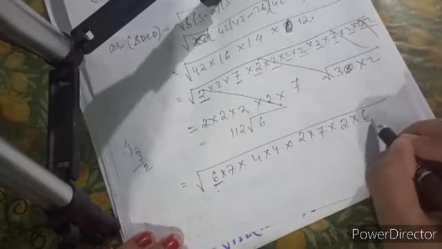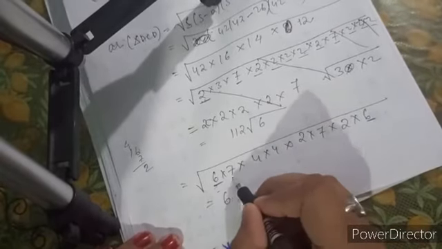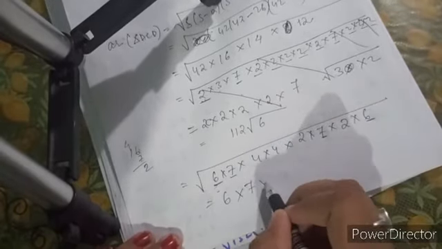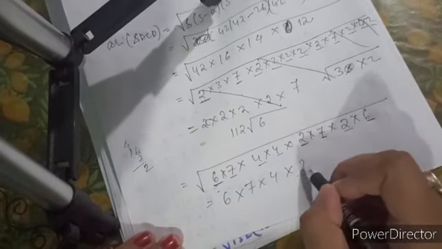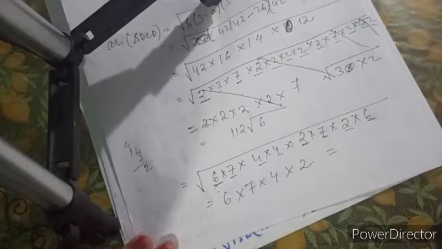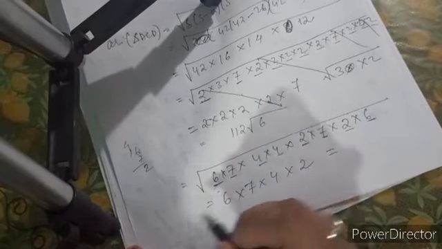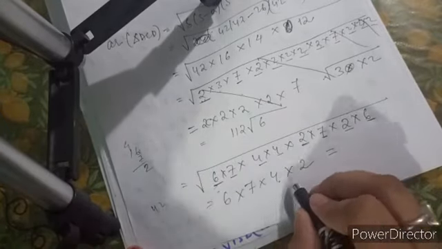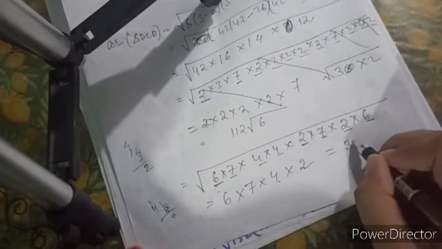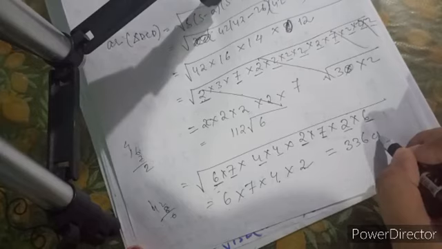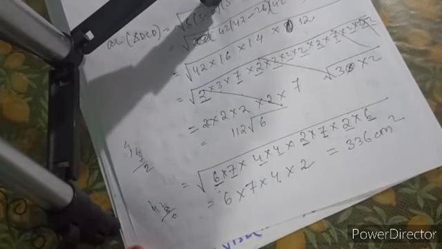So 2 6s will give us 1 six, 2 7s will give us 1 seven, 2 4s will give us 1 four, and 2 twos will give 1 two. Okay, so here 42 into 8. So area of the triangle is coming to be 336 centimeter square.